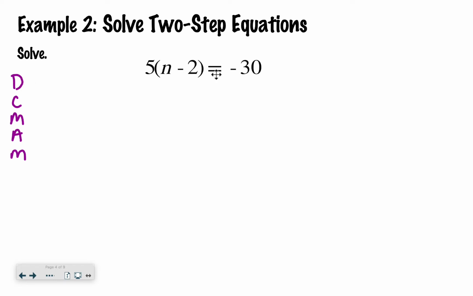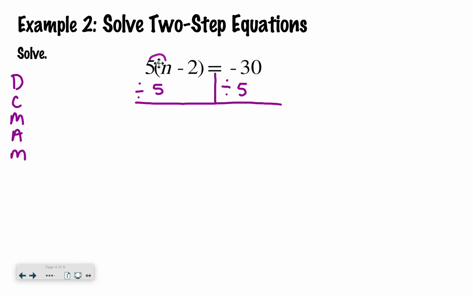Whenever you have something written that could be distributed, a shortcut, because I know you guys love shortcuts, is that you can divide by that number outside. So I can divide by 5 on both sides.